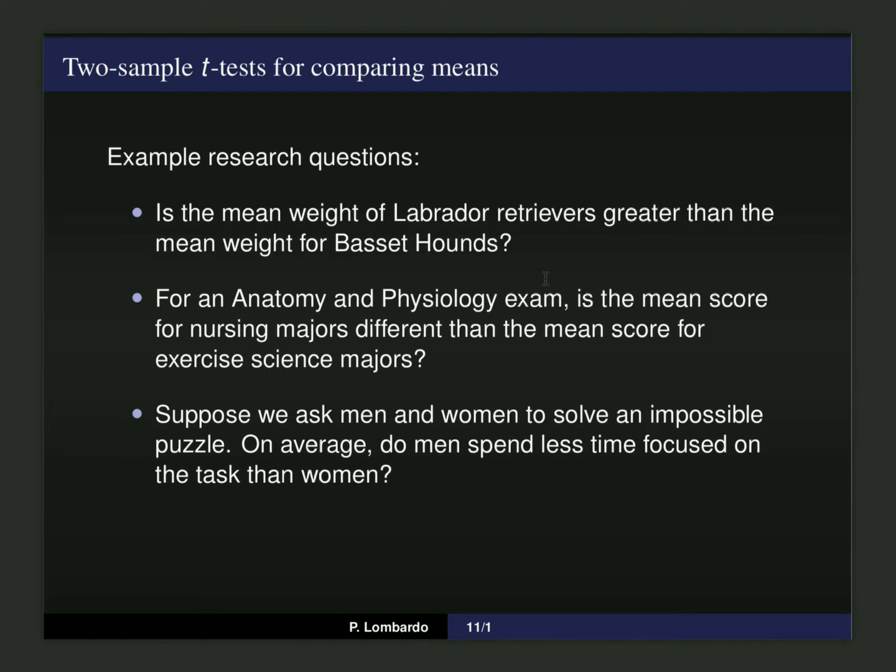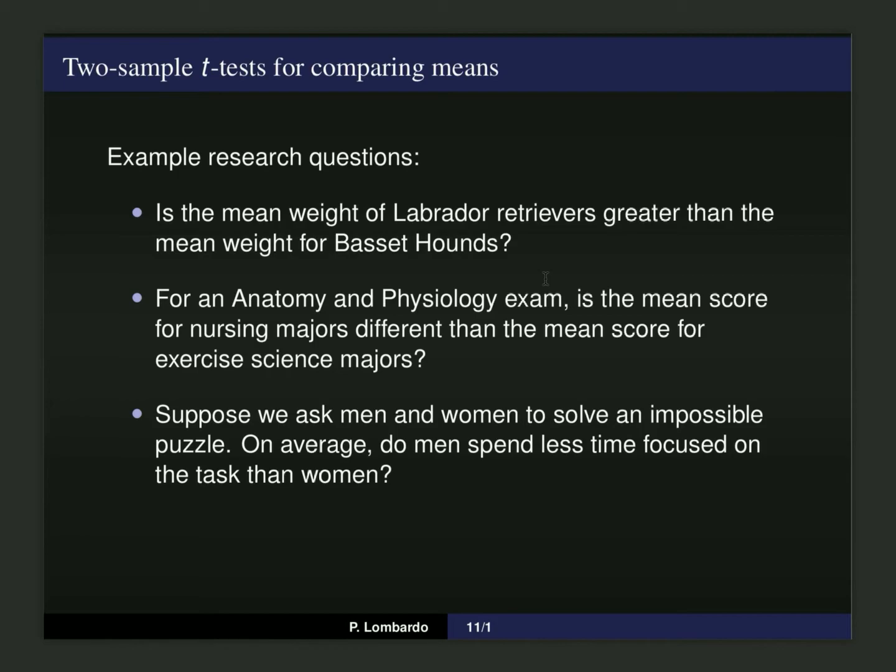So our new hypothesis test that we're going to consider is what we'll call a two-sample t-test for comparing means. And it's fundamentally used to test claims where we're claiming that there's a difference in means between two different populations. Here are a couple of example research questions that we can answer using this type of hypothesis test. Is the mean weight of Labrador retrievers greater than the mean weight for Basset hounds?